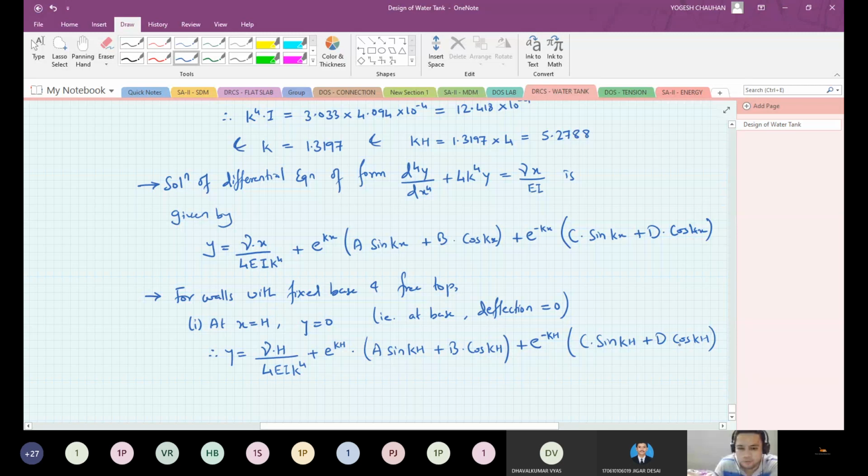This is equal to 0, because y is 0. Mark this as equation number 1.